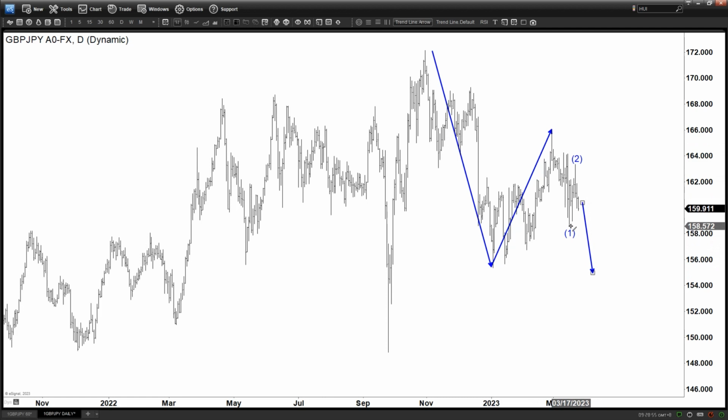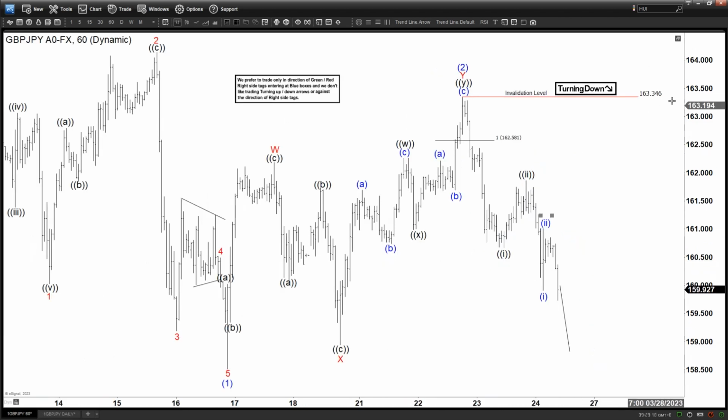Eventually it's gonna break below 1, and it's also gonna break below this January low, and then that will create another bigger lower low sequence, which is bearish, right? So break below here suggests, okay, wave 3 is in progress, and then break below here is opening up even more downside like this into at least 100% extension, right? So again, as long as we stay below 163.3, right, we are looking for more downside in the pound yen.